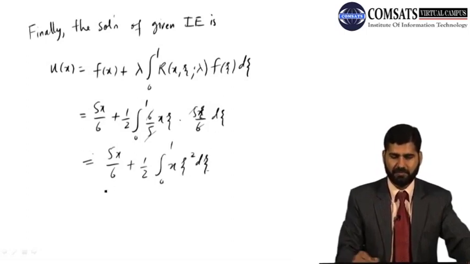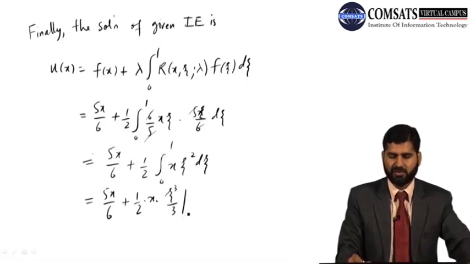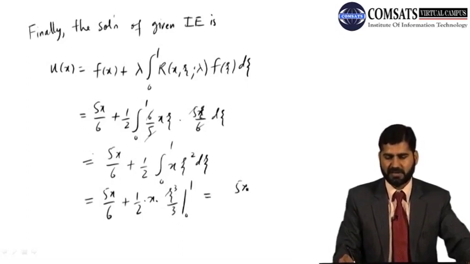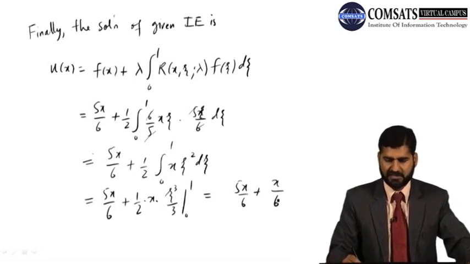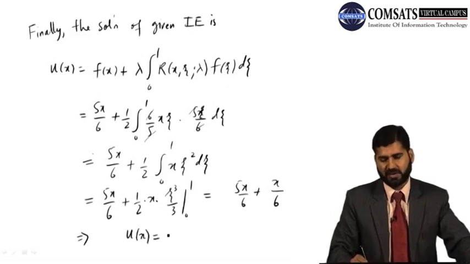This will give you 5x by 6 plus 1 by 2, x as it is, times xi cube by 3 from 0 to 1, and this is 1 by 3. So you get 5x by 6 plus x by 6, so that is 6x by 6, which is x. So this implies that u of x is equal to x.